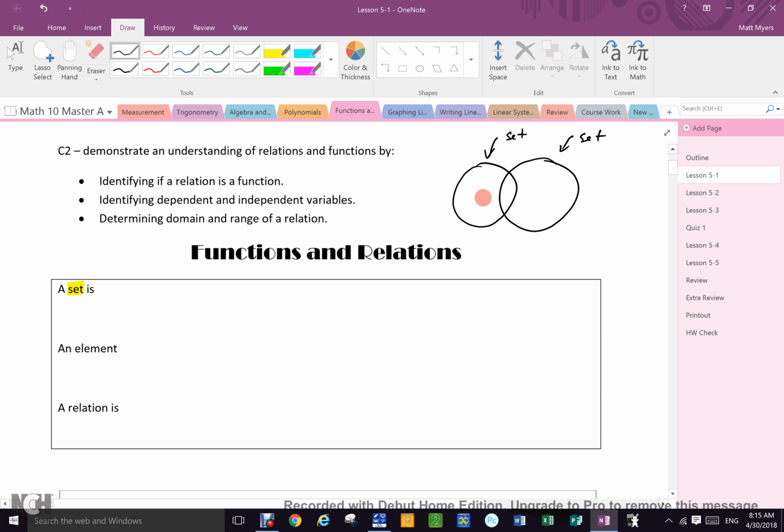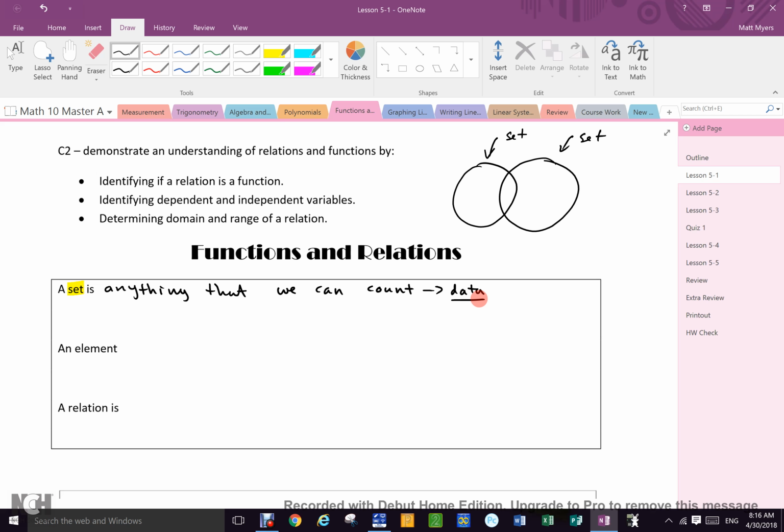So a set, in much simpler terms, is anything that we can count. We also use the word data. So in this classroom right now, we could make hundreds of sets of data.